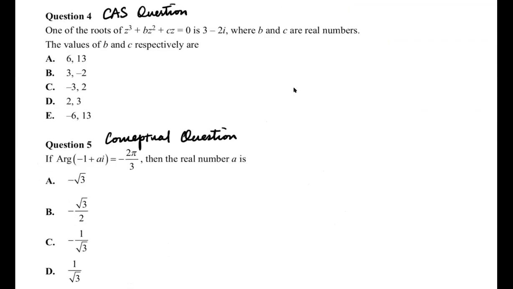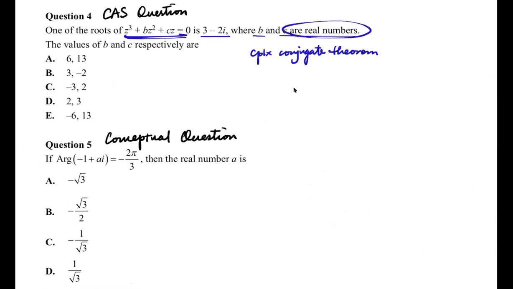Question 4. One of the roots of that equation, which is a cubic expression, is 3 minus 2i. b and c are real numbers. So we have the complex conjugate theorem. What is the complex conjugate theorem? You can say with all real coefficients, you have z equals 3 minus 2i, and it must be paired up with v equals 3 plus 2i.